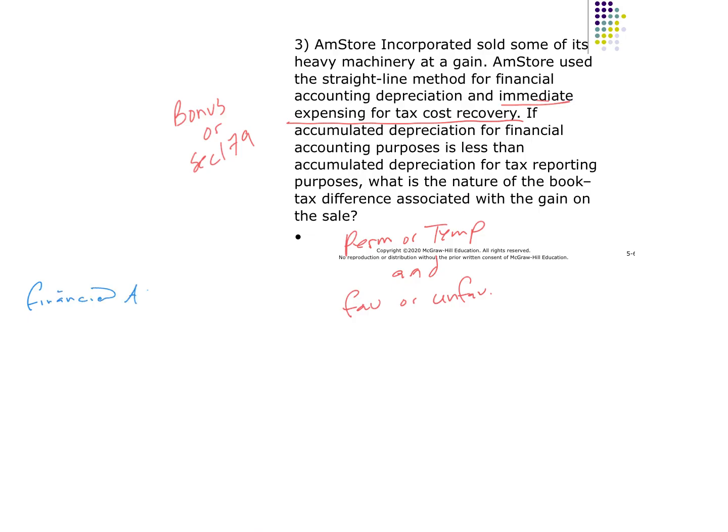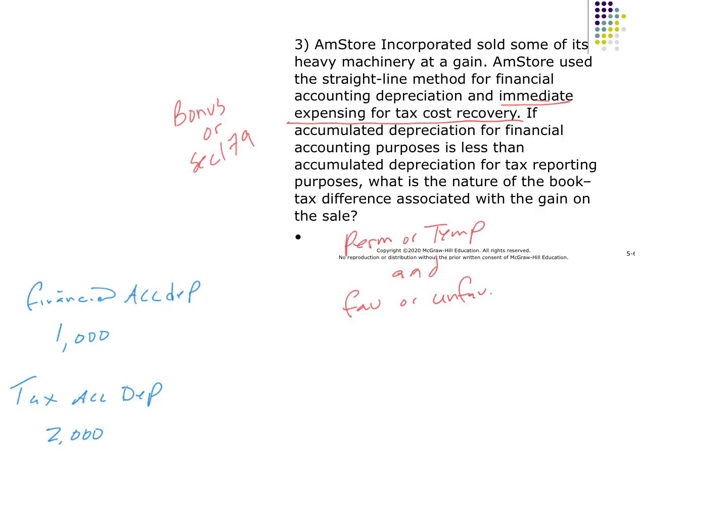So we've got financial accumulated depreciation, and we are told that for financial accounting purposes, accumulated depreciation is less than for tax reporting purposes. So we're going to let our financial accounting accumulated depreciation be $1,000, and our tax accumulated depreciation be $2,000.